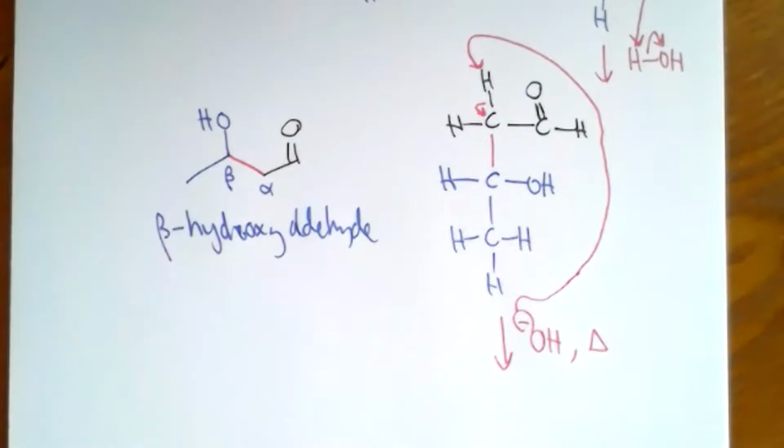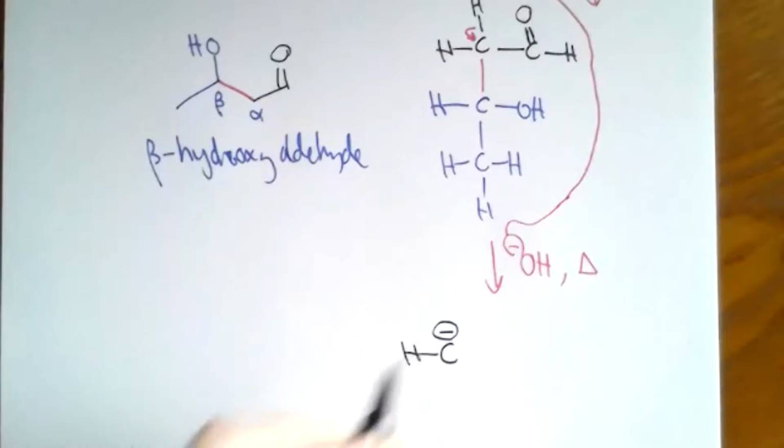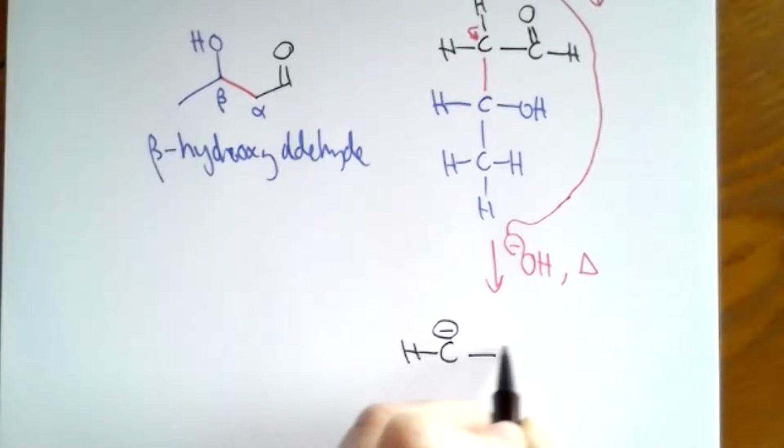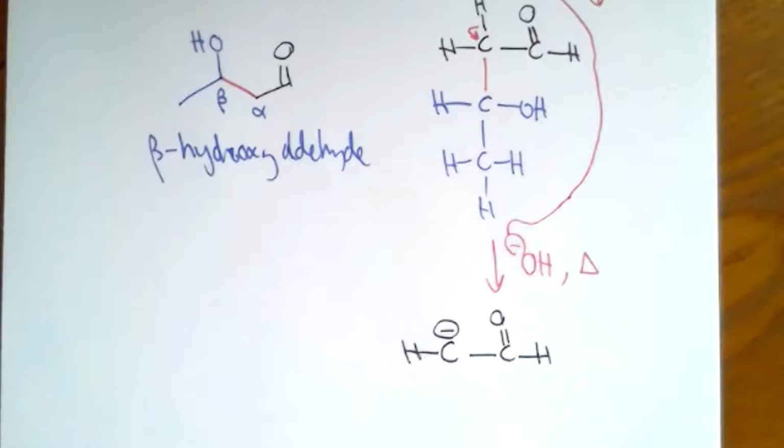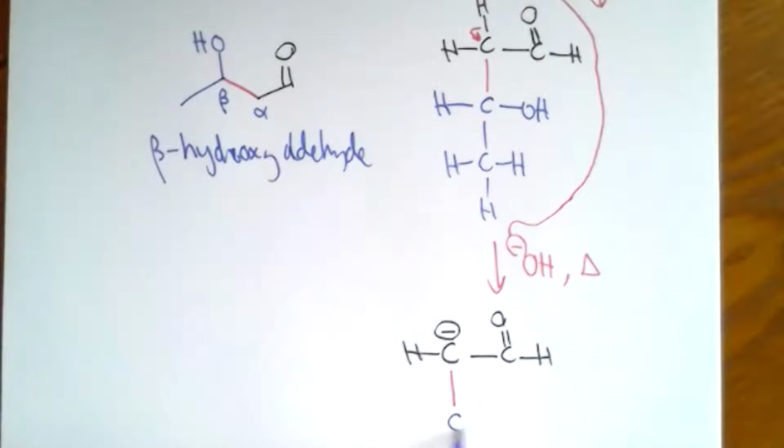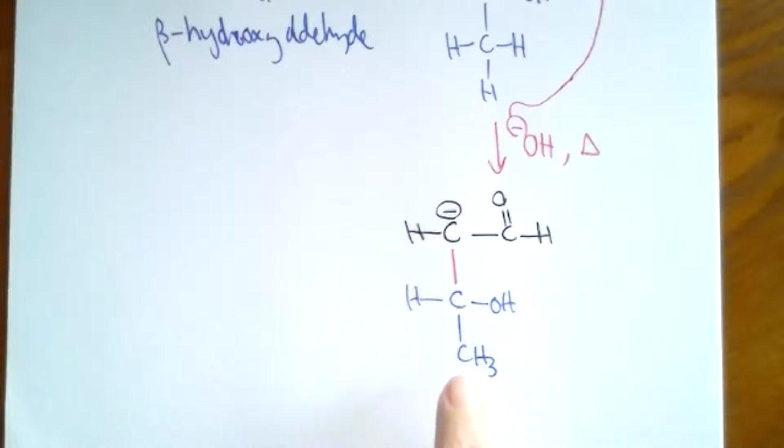The alpha hydrogen is more acidic than a typical alkane hydrogen. So you make a second enolate here. Still trying to keep my color coding consistent. Switching a lot of pens over here. So I have this, which is another enolate.